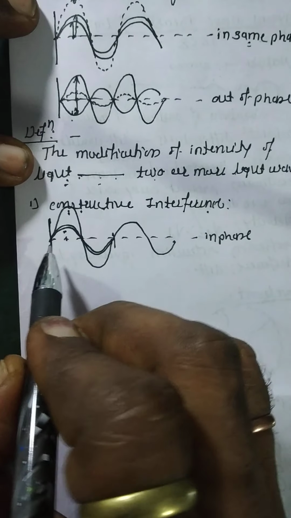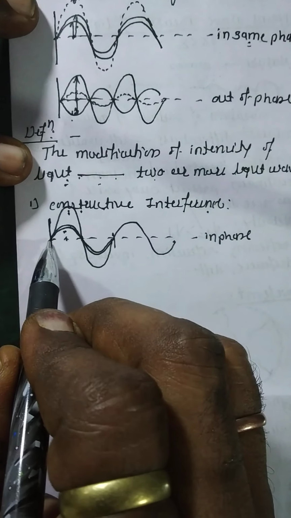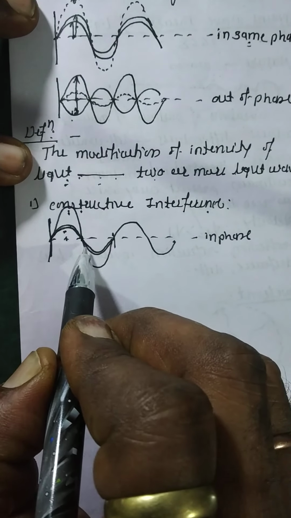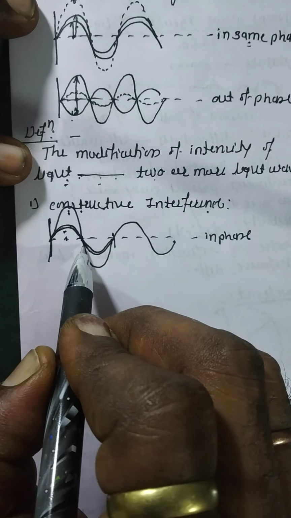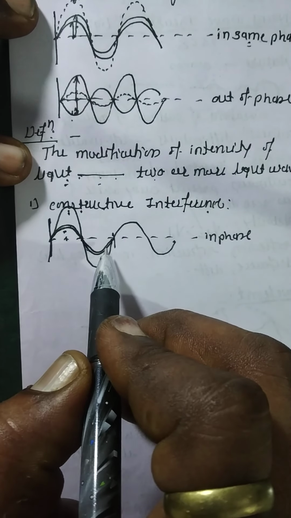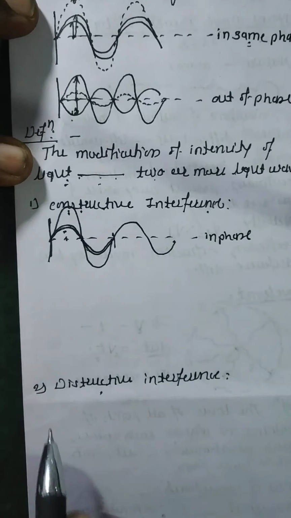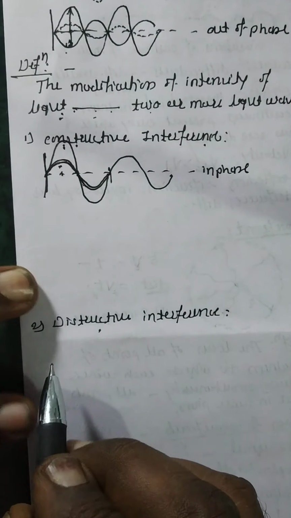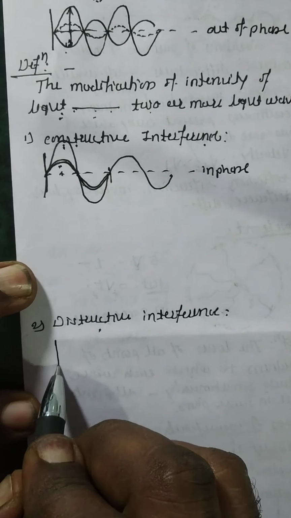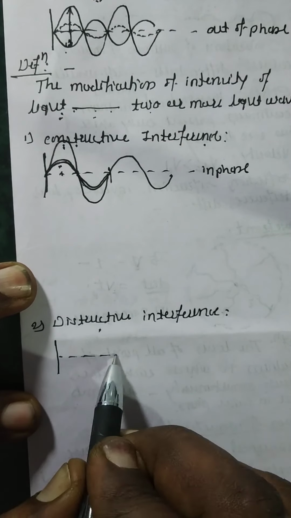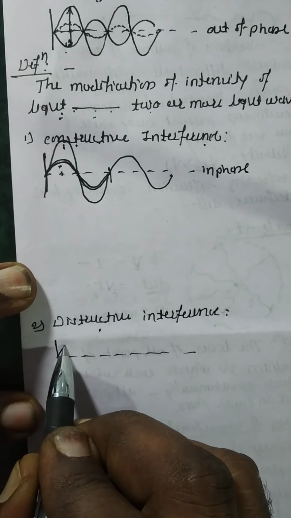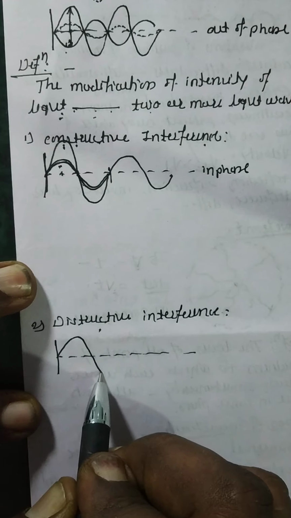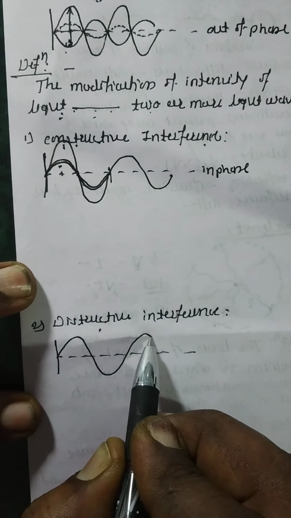In this case, crest due to one wave is coincided with crest due to other, and trough due to one wave is coincided with trough due to other. Suppose this one as one wave, like this.